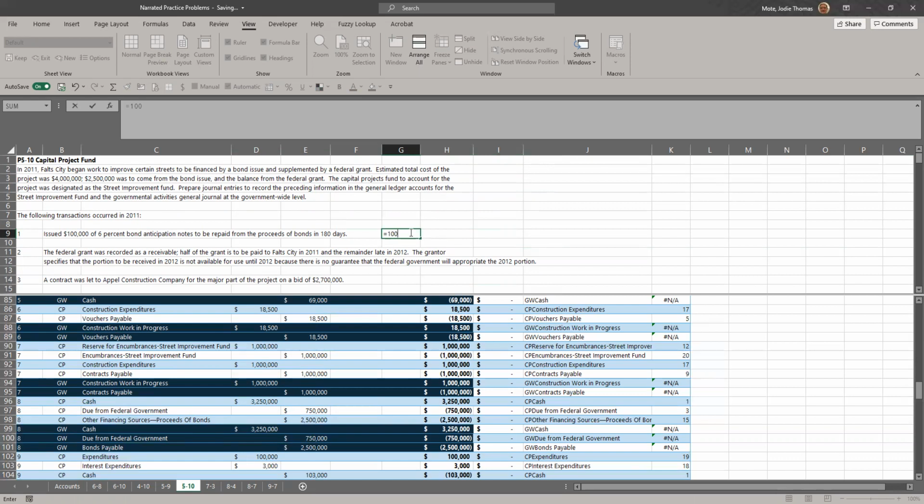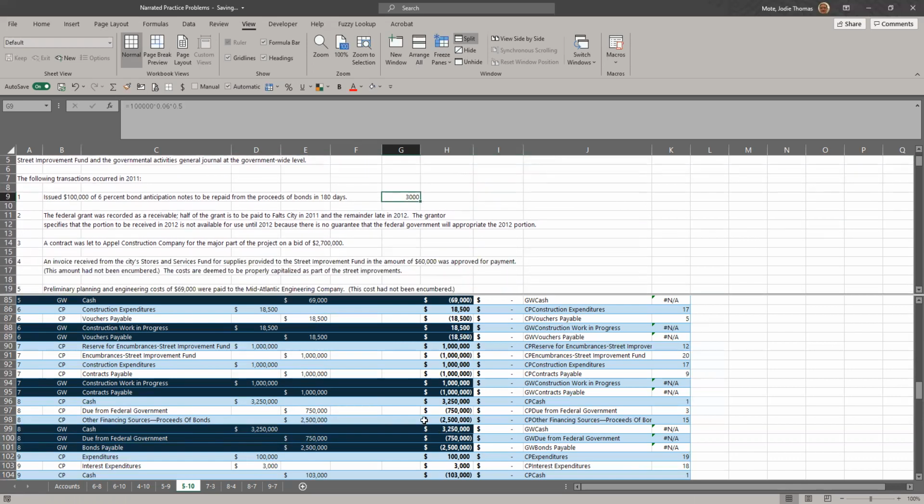So let's do this note payoff. 100,000 times 0.06 times 0.5, since we're doing 180 days out of 360 for half a year. And so our interest expenditure should be 3,000.